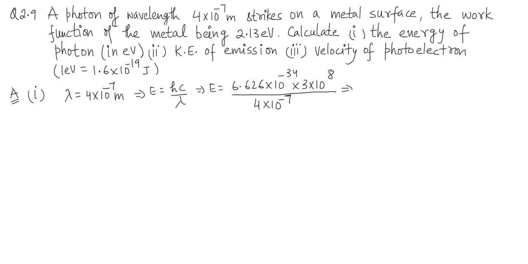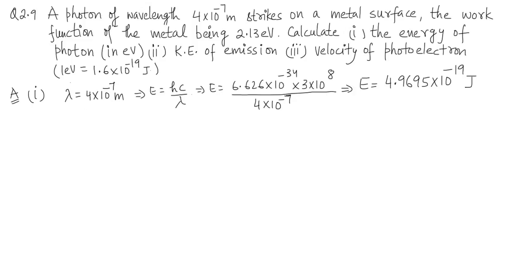तो अब जो ये एनर्जी आएगी जब आप इसे कैलकुलेट करेंगे, this will be in joules. ओके, क्योंकि हमने क्या किया, we have used all the SI units. So this turns out to be 4.9695 into 10 to the power minus 19 joules.